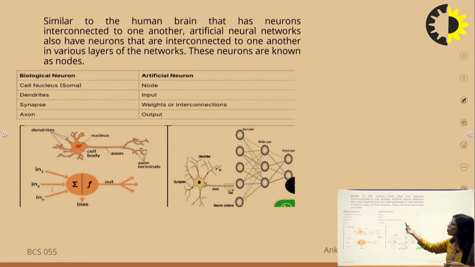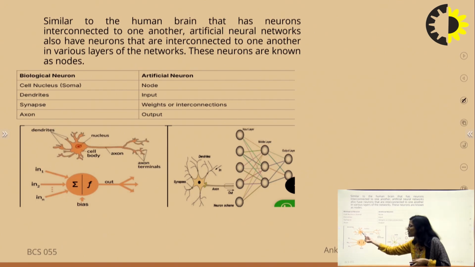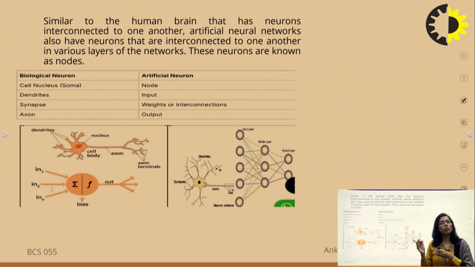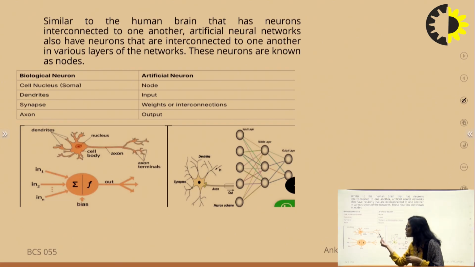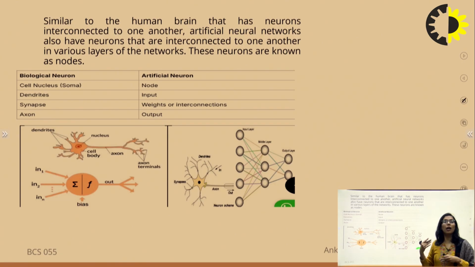Now similar to the human brain, as in the human brain we have neurons, we have an artificial neuron. As we have a nucleus or a cell body in which a neuron takes decisions, we have a node. So we represent a cell nucleus as a node. Then we have dendrites which take the input. So in an artificial neuron also we have input. Synapse is how two neurons communicate with each other, by the synapse of axon terminals of one neuron to the dendrites of the other neuron, right?